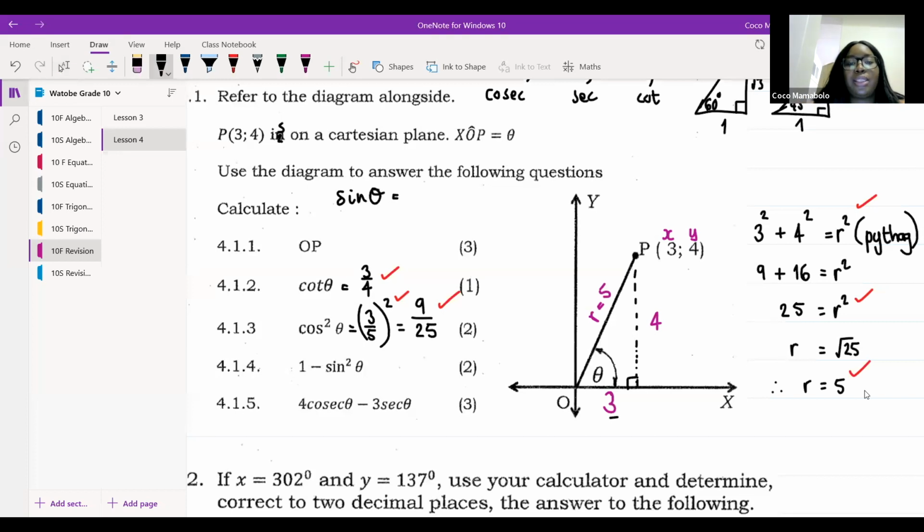So we know that sine of theta is 4/5. Now, we don't want just sine of theta, we want sine squared theta. So take this and square it, and tell me what we get.